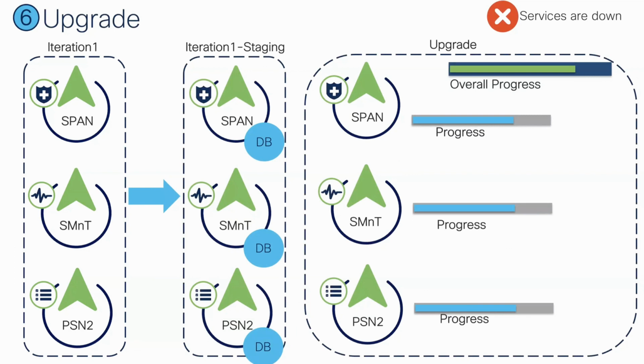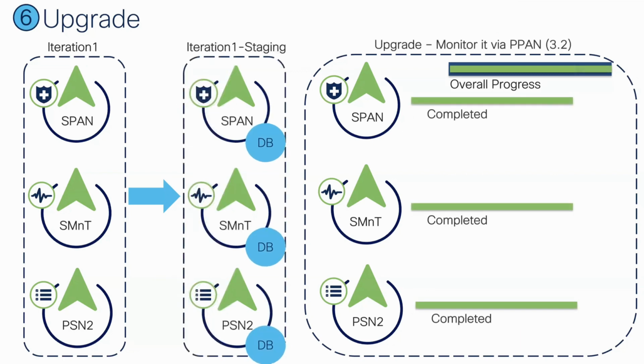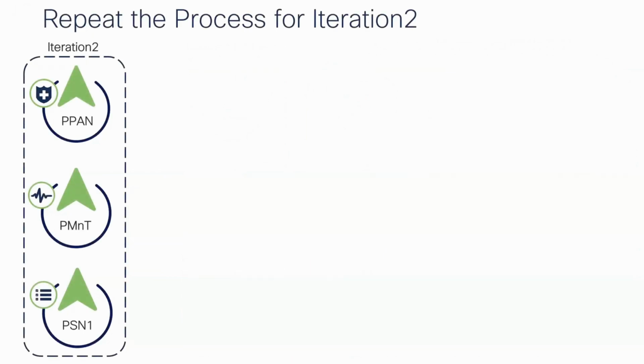But you still have iteration two nodes available in the earlier deployment, which were serving your endpoint services, taking care of your monitoring and troubleshooting, and taking care of your PAN administration. So you can monitor the upgrade process through the PPAN in the earlier deployment, 3.2. Once it gets completed, you can start repeating this process for the second iteration of nodes.